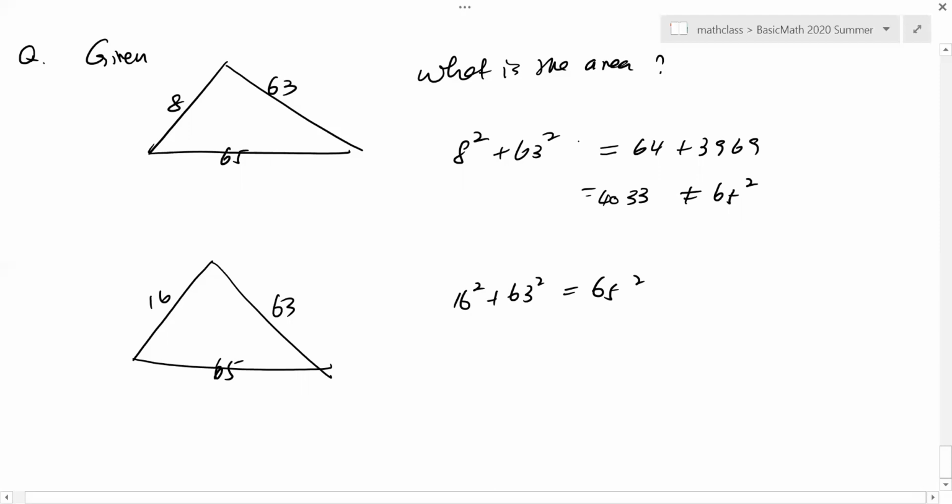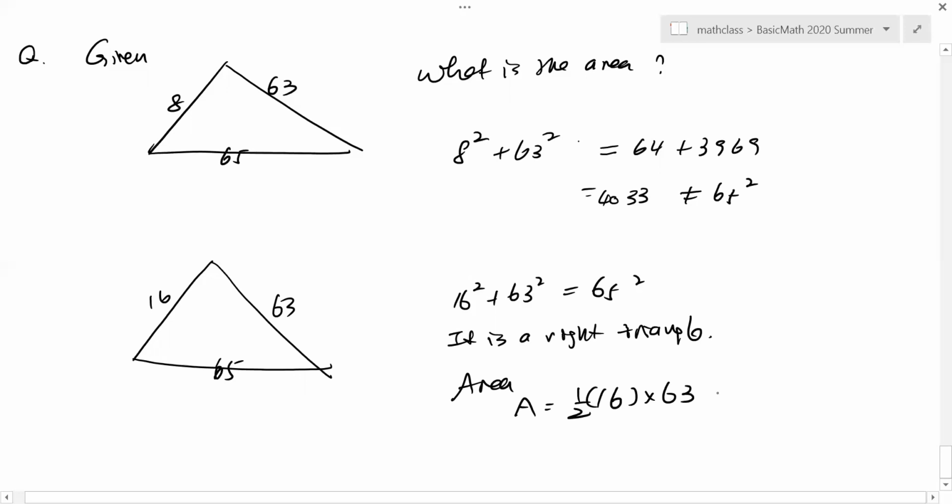Yeah, it is true, so it is a right triangle. In this case, the area A is going to be half of 16 times 63. You multiply this out and you get 63 times 8, which is 504.